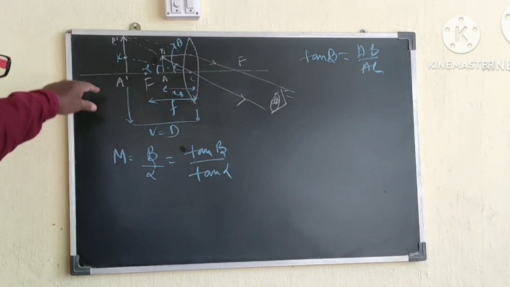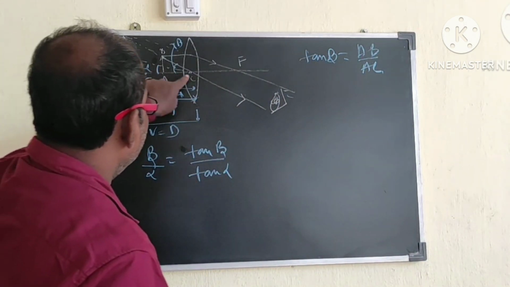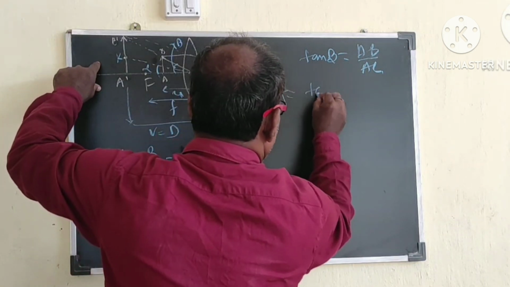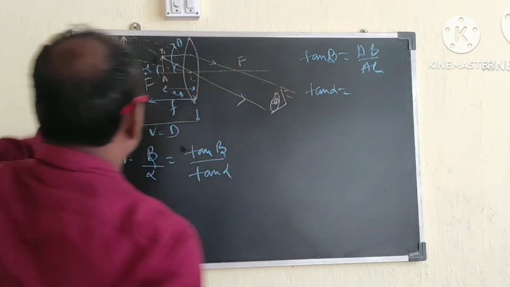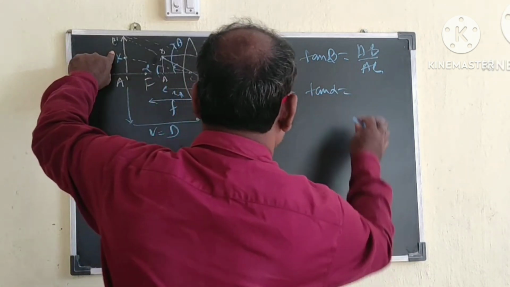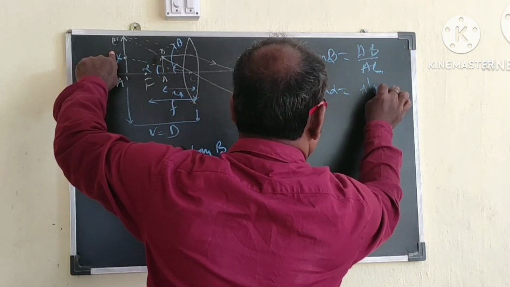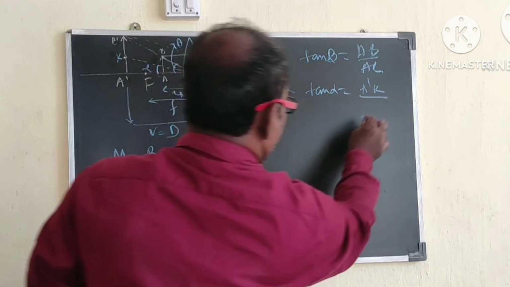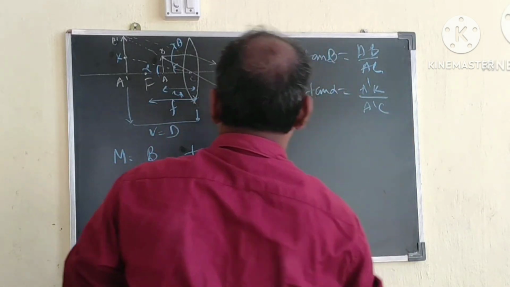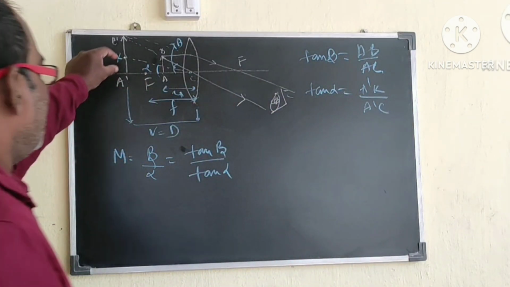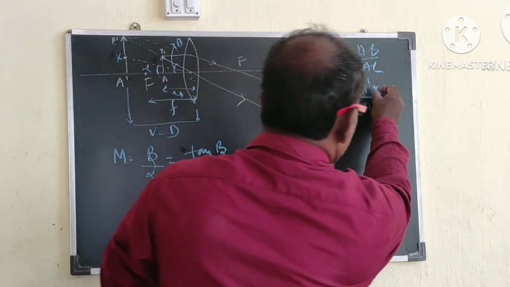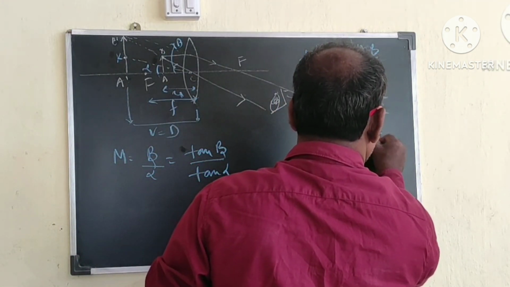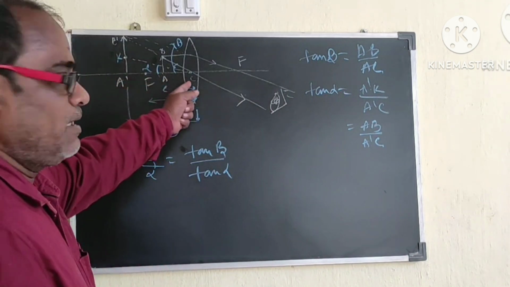Again considering the triangle A dash K C, tan alpha can be written as A dash K by A dash C. But as already we have learned that A dash K is AB, instead of A dash K we can write AB by A dash C. Clear?